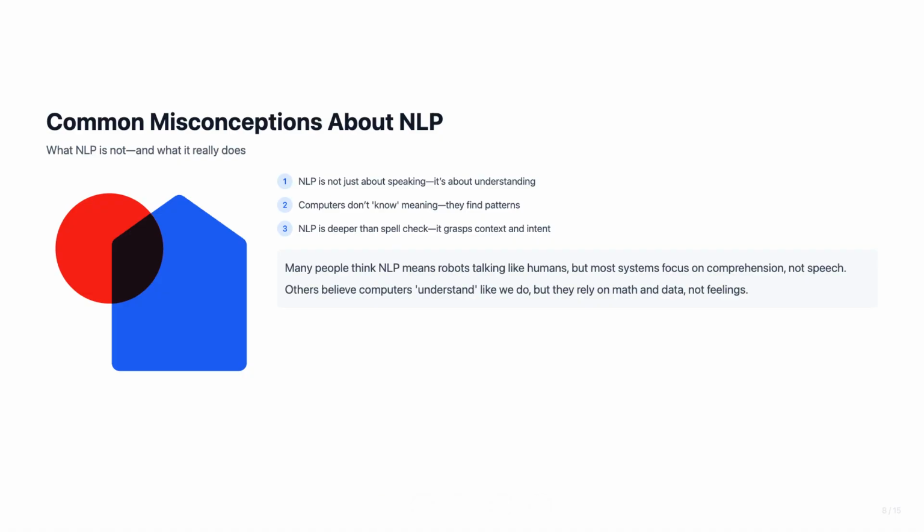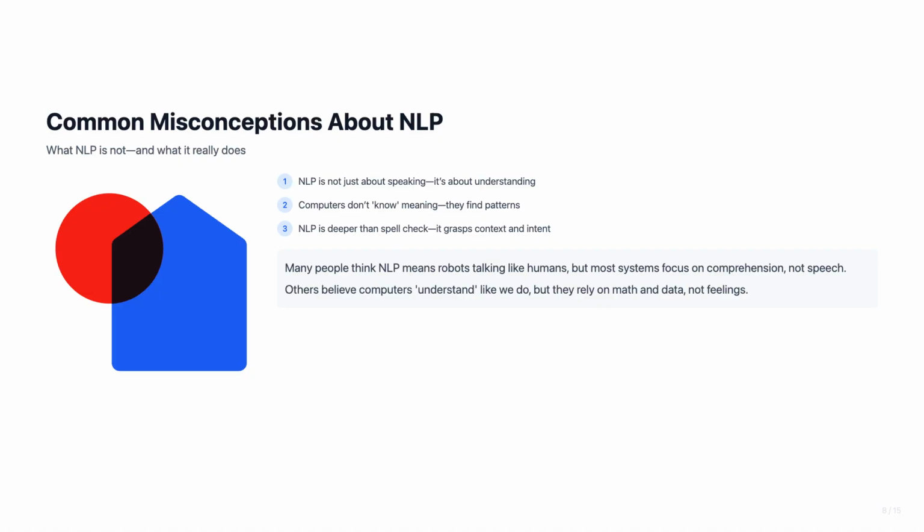Let's clear up some myths. First, NLP isn't mostly about talking, it's about understanding. Sure, voice assistants speak back, but the real work happens when they listen and get your intent. Second, computers don't understand words like we do. They don't feel joy when they see happy or sadness with loss. Instead, they recognize patterns in how words are used.